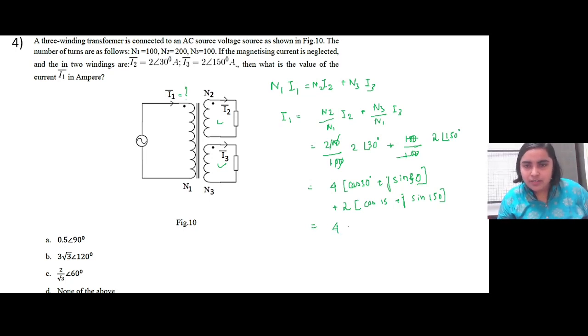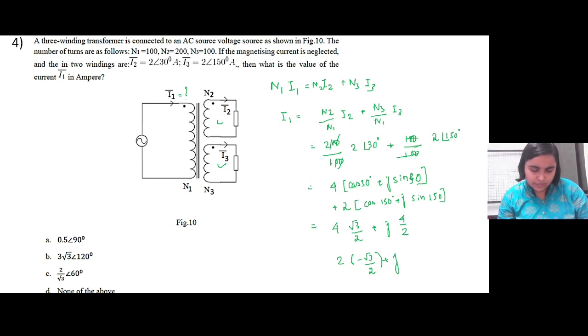Cos 30 is root 3 by 2. Cos 150 is minus root 3 by 2, so 2 into minus root 3 by 2.